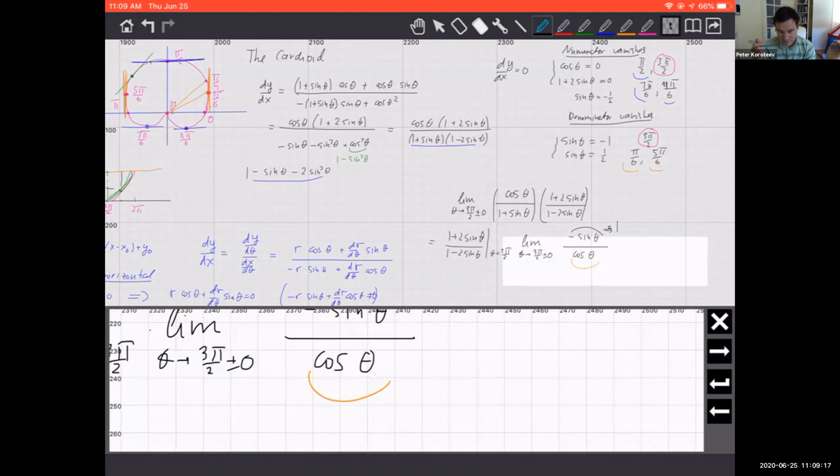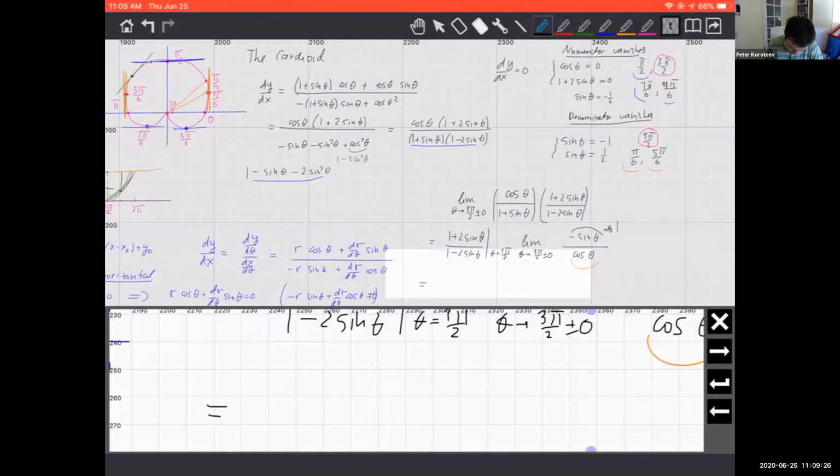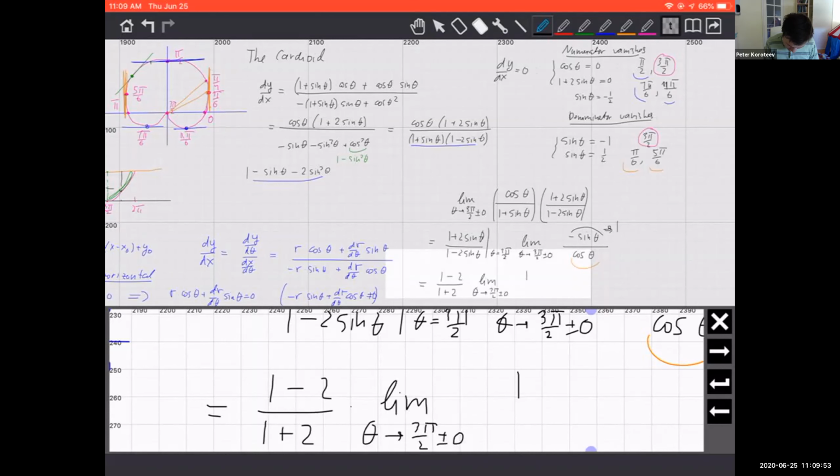If it approaches 0 from the left, we have minus infinity. Okay, so I'm going to evaluate this coefficient first. Sine of 3 pi over 2 is -1, so it's 1 minus 2 divided by 1 plus 2, times this limit as theta goes to 3 pi over 2 plus minus 0 of 1 divided by cosine theta. Now, this prefactor here is equal to negative 1/3.